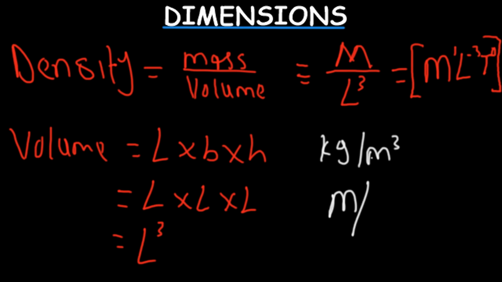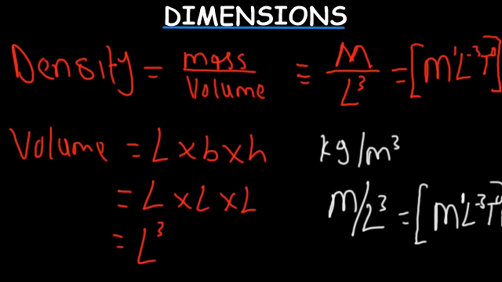The dimension formula for meter is L, so we have L cubed, which simply equals M raised to the power of 1, L to the power of minus 3, and T to the power of 0. So basically, that's how to find the dimension formula of any quantity using either its formula or its SI unit.